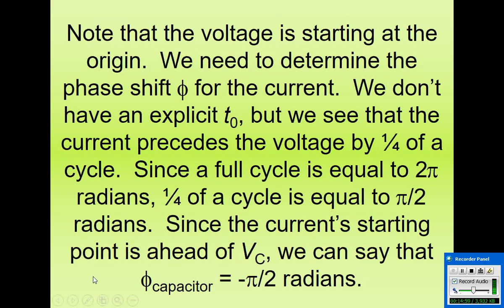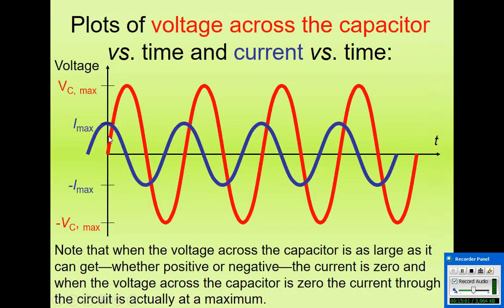If you go back to the previous graph, you'll see that the current is at a peak when the voltage is at 0. Then a quarter of a cycle later, the current is at 0 and the voltage is at a peak. So the voltage's peak is about 1/4 of a cycle behind the peak of the current.